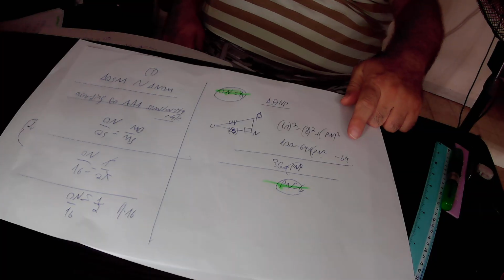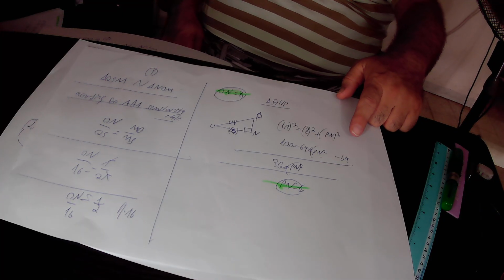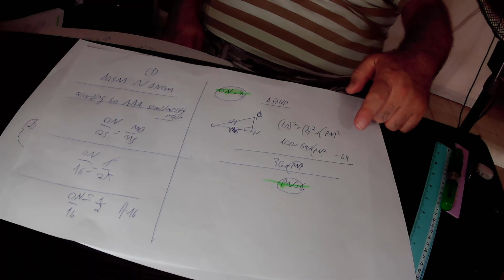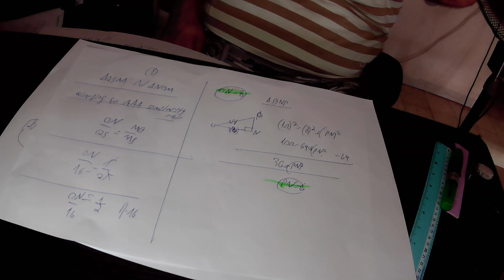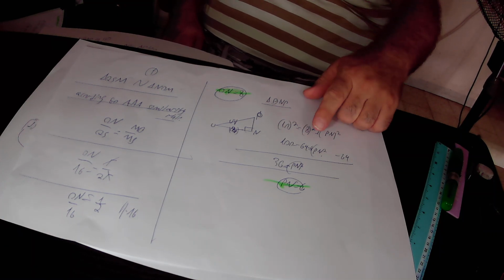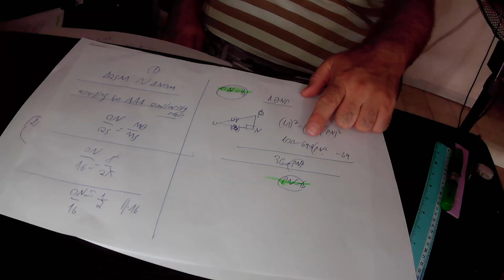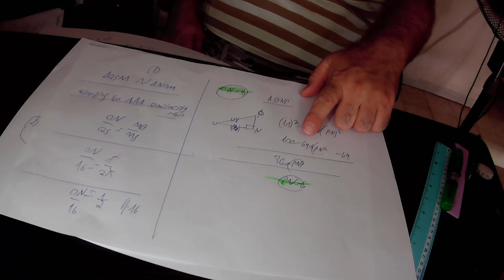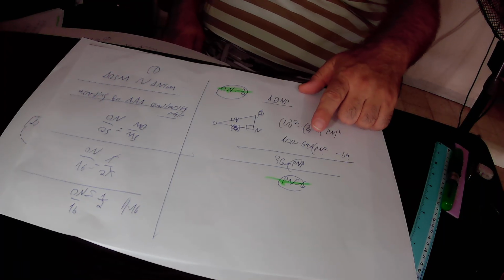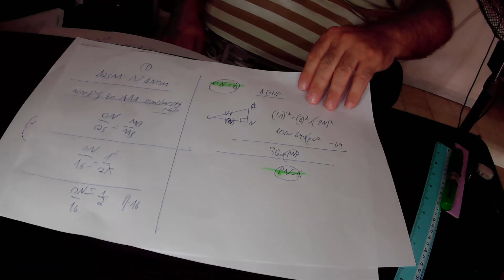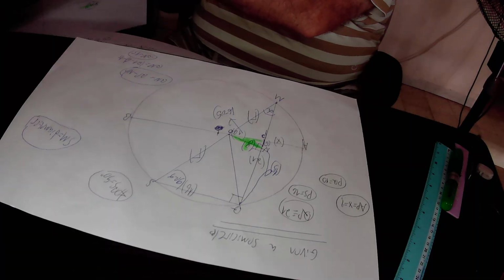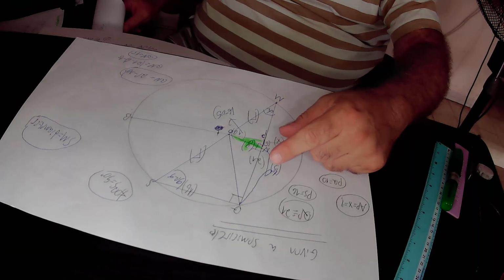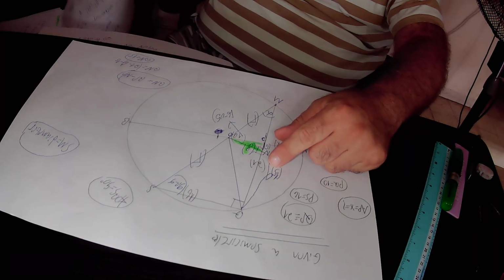Here we subtract 64 and find out that PN squared equals 100 minus 64, that is 36. So PN equals the square root of 36, that is 6. This is the missing side PN, equal to 6 units.